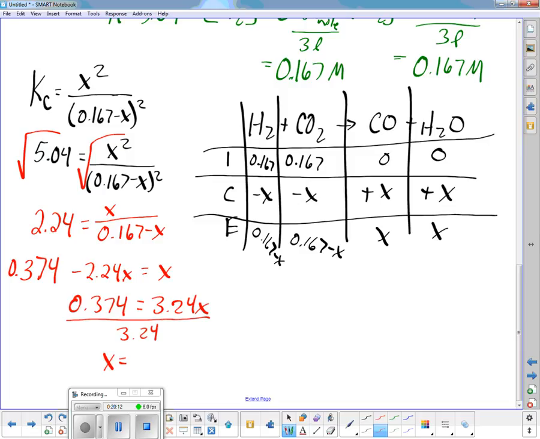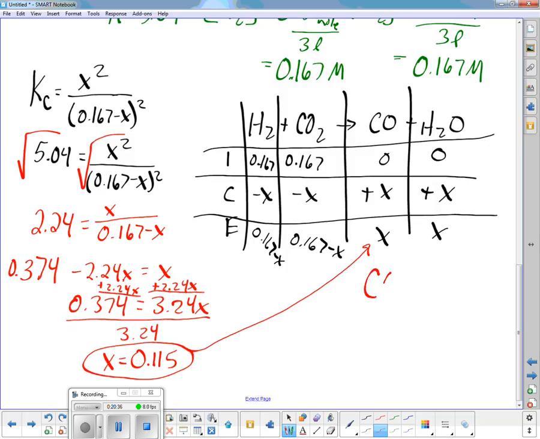So if I add 2.24 to both sides, x, then I'm going to get 3 point because it's already 1. Okay, everybody okay? Okay, 0.115. Okay, and that is, don't circle, I'm going to go over here, CO concentration is equal to 0.115 molar.